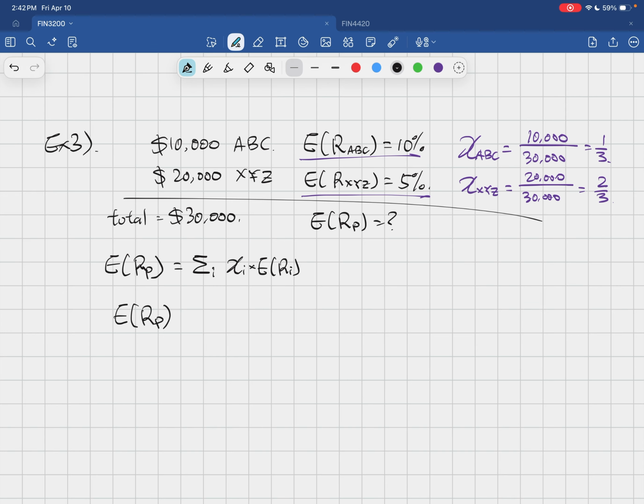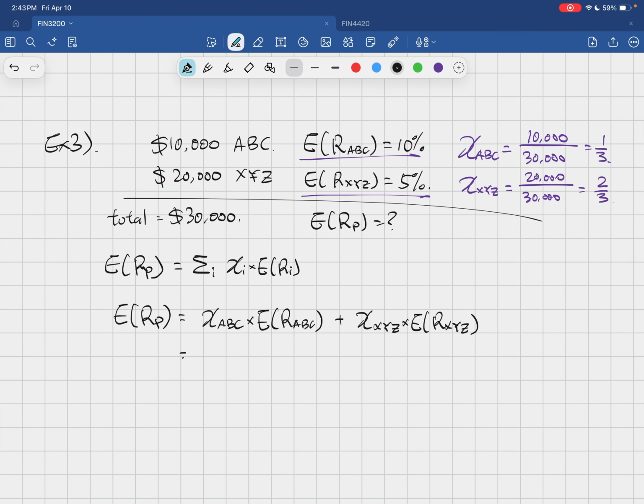Expected return on this portfolio is, I'll just say X, the weight on ABC, times the expected return on ABC, plus the weight on XYZ times the expected return on XYZ.